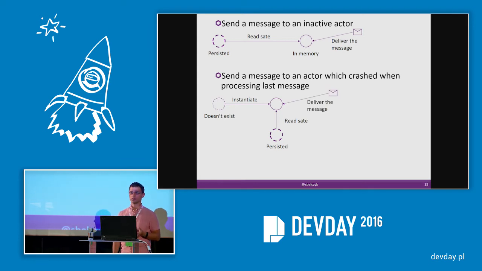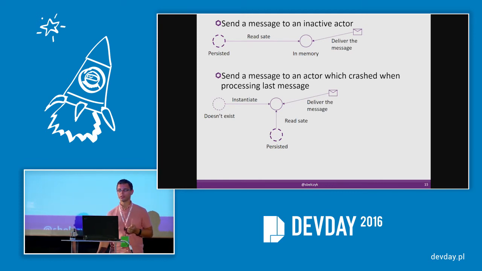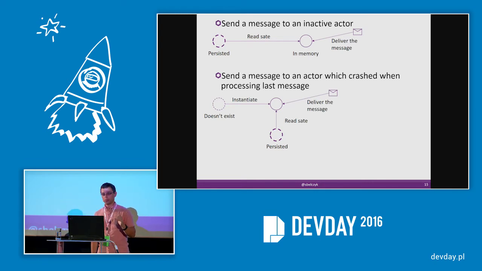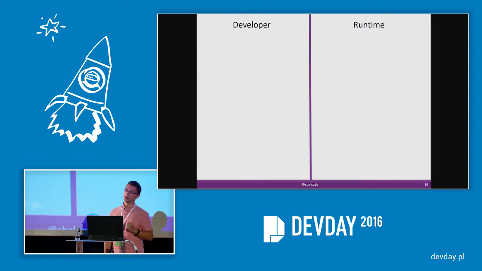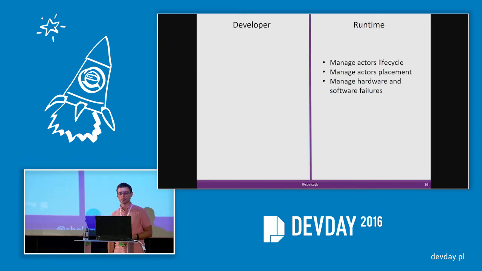In all these examples, I didn't tell you where this actor actually is, if it's on the same machine or on a different machine, right? It's not up to me to know where it is. And if you look at these examples and try to segregate responsibilities, you will see that the runtime is responsible for managing the actor lifecycle. It creates, deactivates, and activates them.